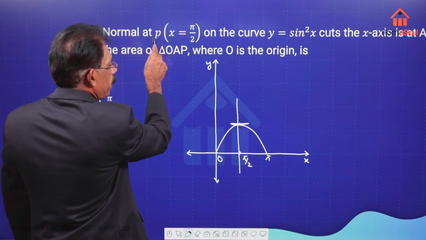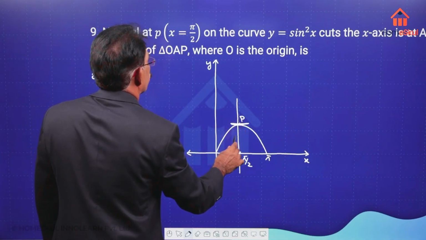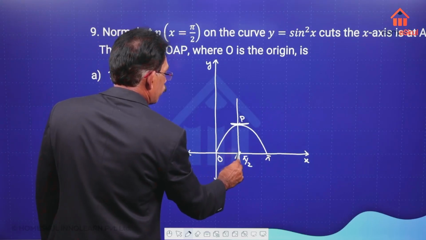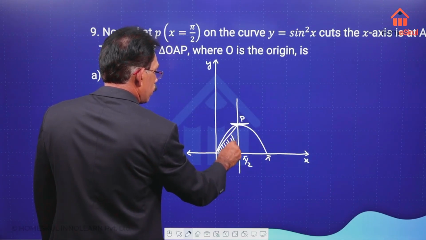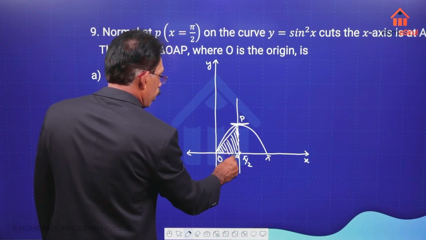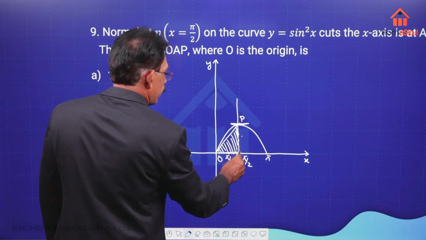The normal at P. P is this one, and here is A. This is the area of the triangle. OA is how much? Pi by 2. This length is pi by 2, and the height is 1, isn't it?